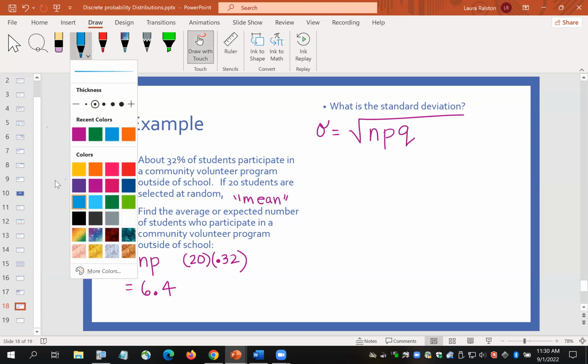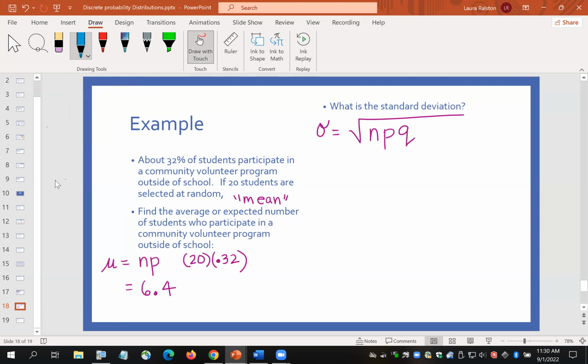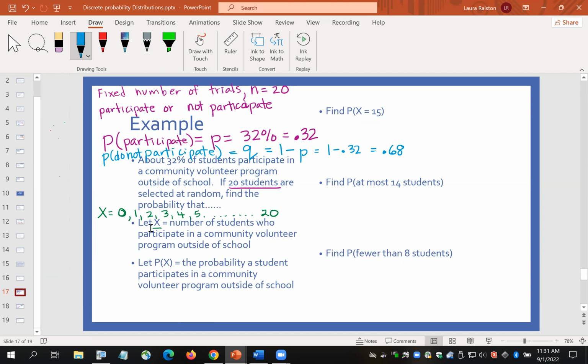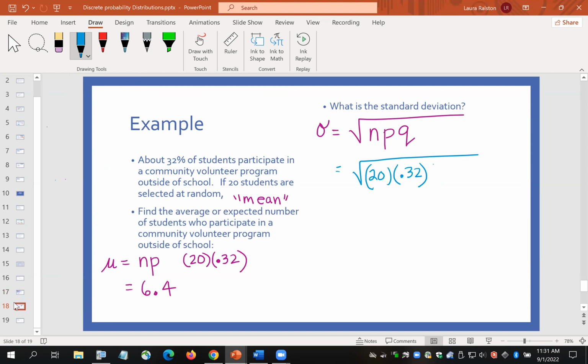So we would have, in this case, the square root of 20, because there were 20 students, and my probability of success was 32%. If you go back to our discussion earlier, we determined the probability they do not participate, which was Q, is 68%. So Q is 68%.